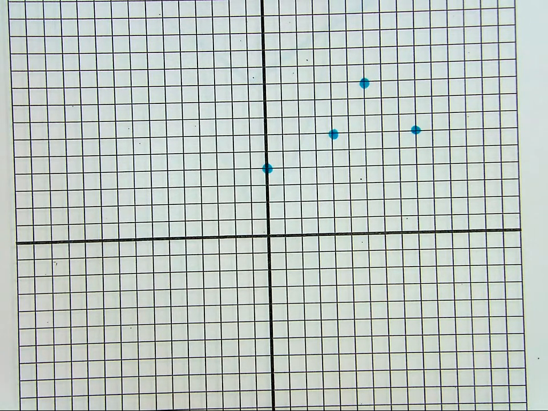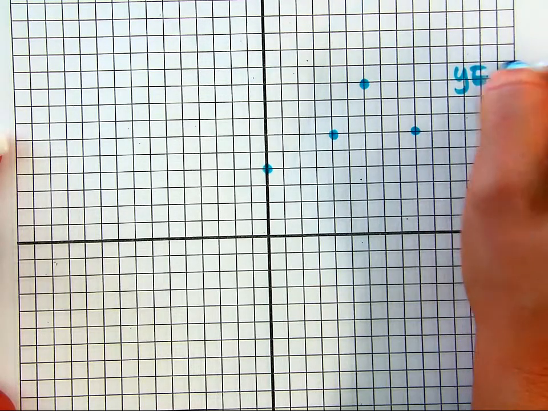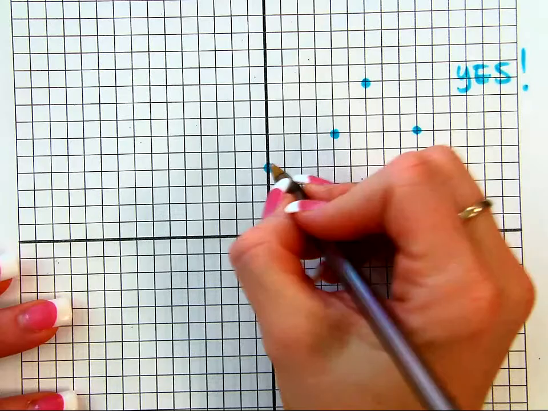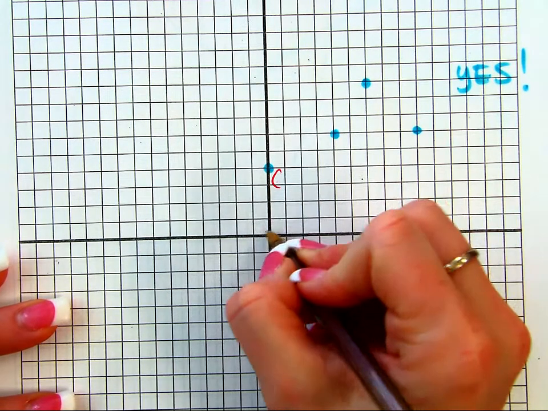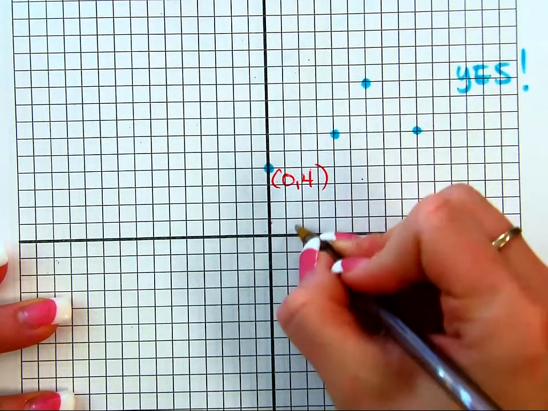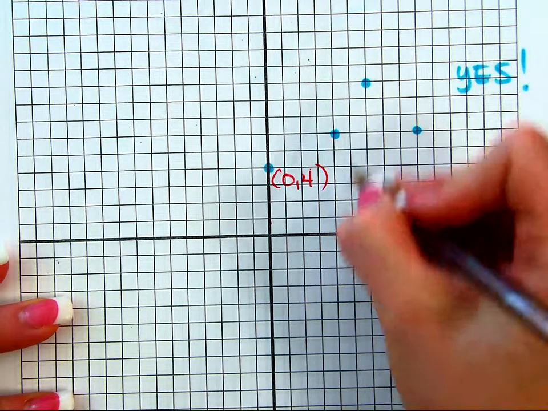I'm going to tell you that this is yes. And here's why. Because if I were to name all those points, what would I find out about the x values? They would be all different, right? Because the name of this point is 0, 4. The x value here is 4, 6.